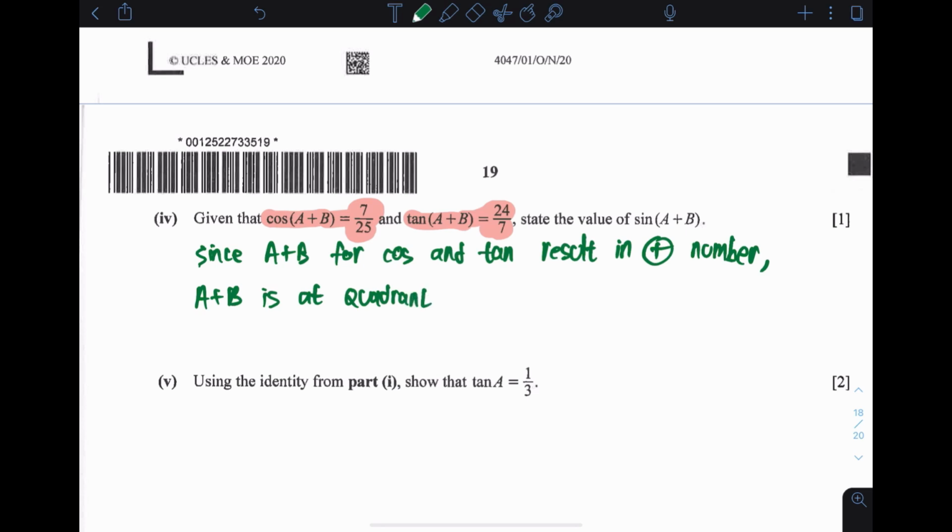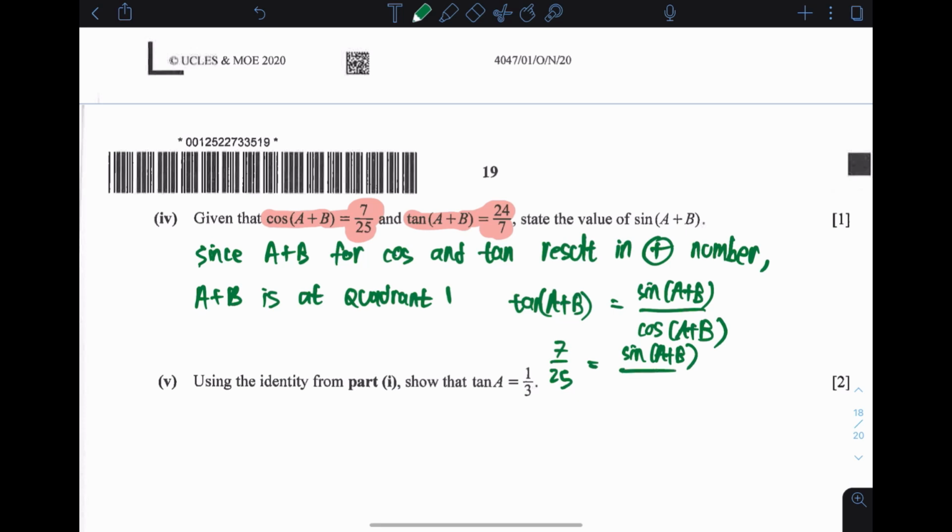Moreover, we have tangent as sine over cosine. So tangent of A plus B is sine of A plus B divided by cosine of A plus B. I think I actually put the wrong number here.